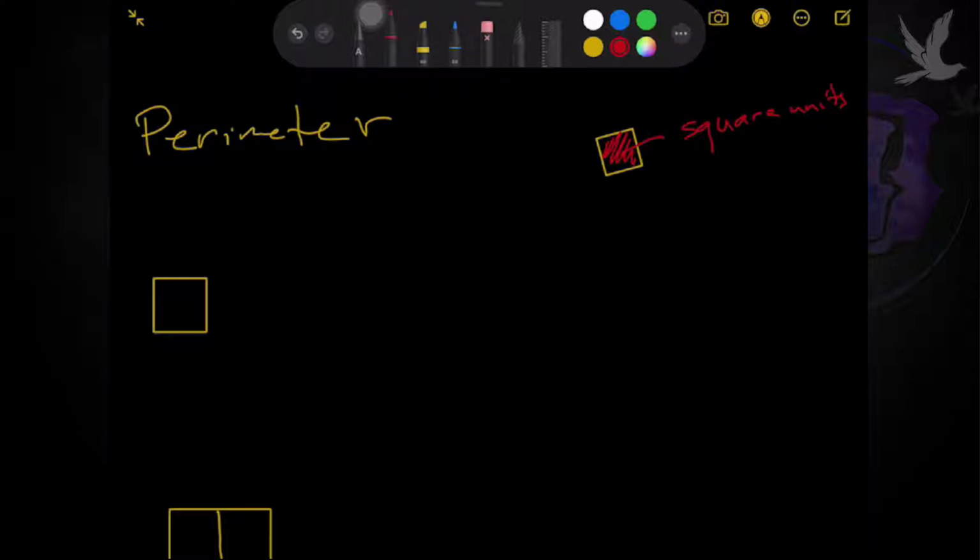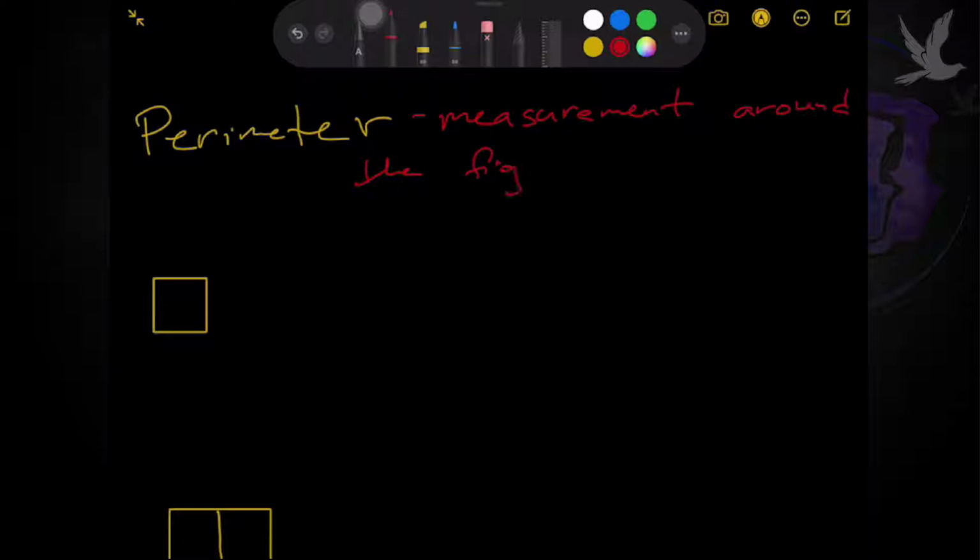But for perimeter, it basically refers to the measurement around the figure. Okay, measurement around the figure.